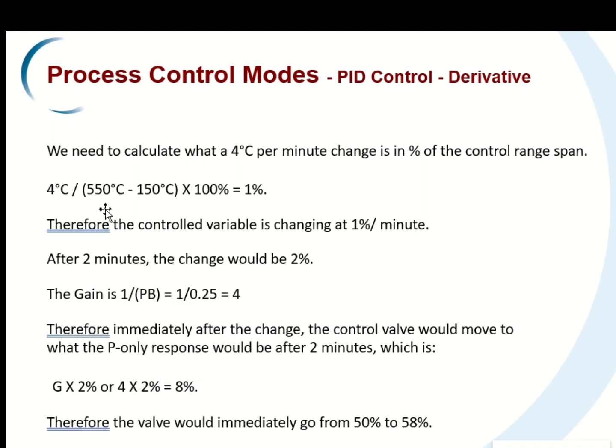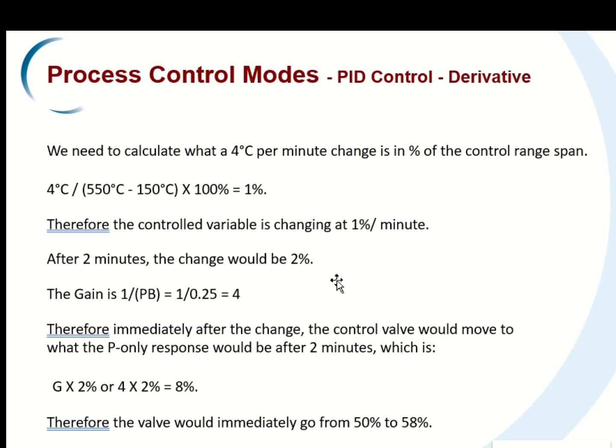For some calculations, we need to calculate what a 4 degree per minute change is as a percentage of the control range span. See, this is the range. So 4 degrees changing, divided by 500, times 100, is 1%. Therefore, the controlled variable is changing at 1% per minute. So we have converted the change into percentage. After 2 minutes, the change would be 2%.